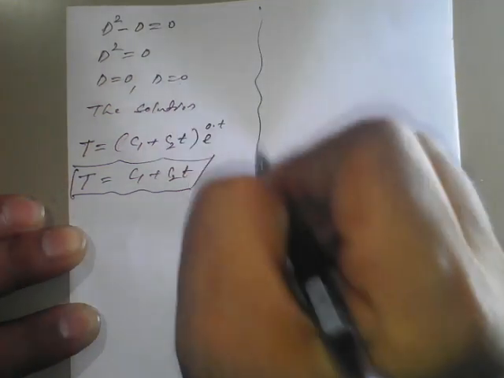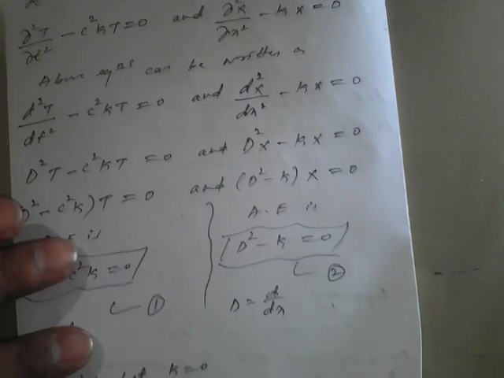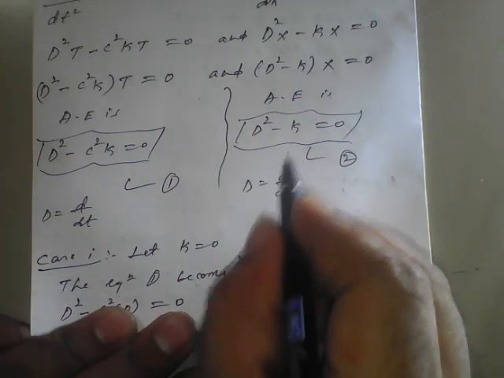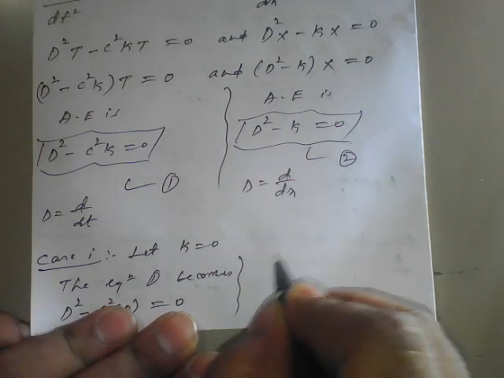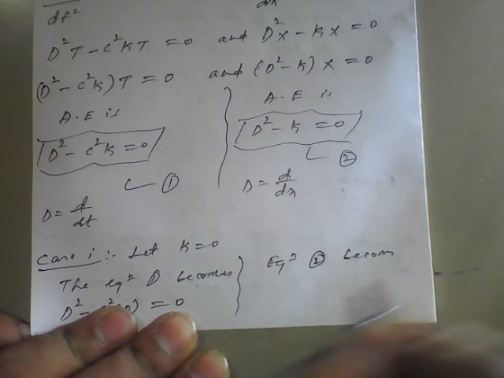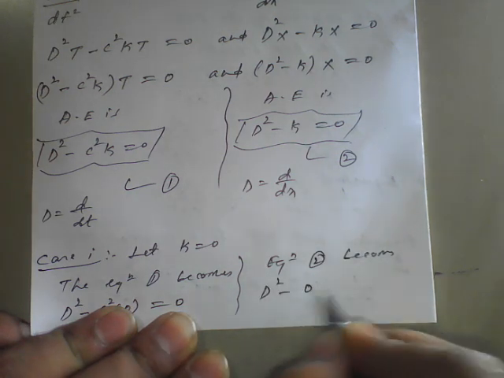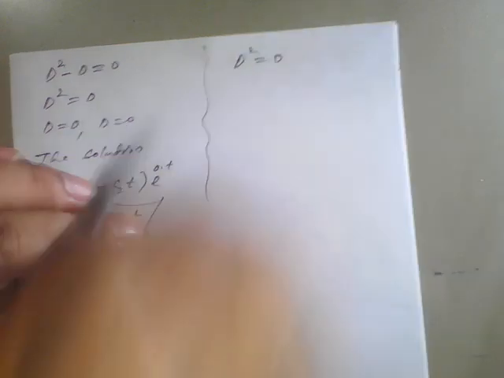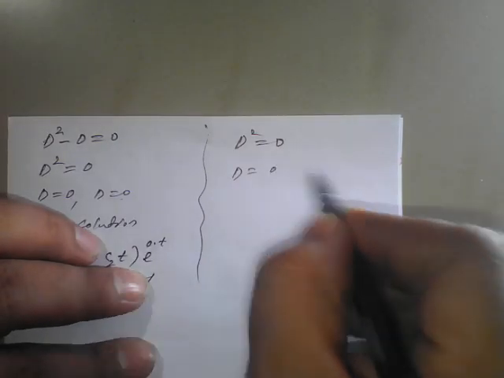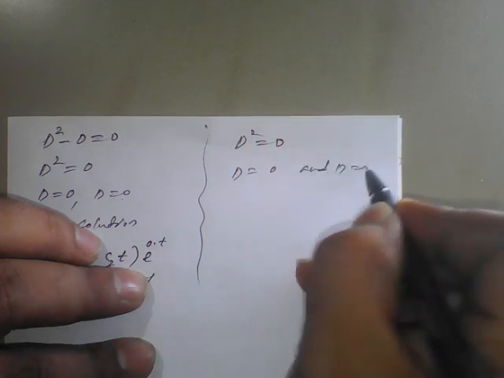So similarly we'll work out for equation number 2. So what is equation number 2 here? So put k is equal to 0 here, so equation 2 becomes D square minus 0 equal to 0, or D square is equal to 0, or D is equal to 0 and D is equal to 0, one more.